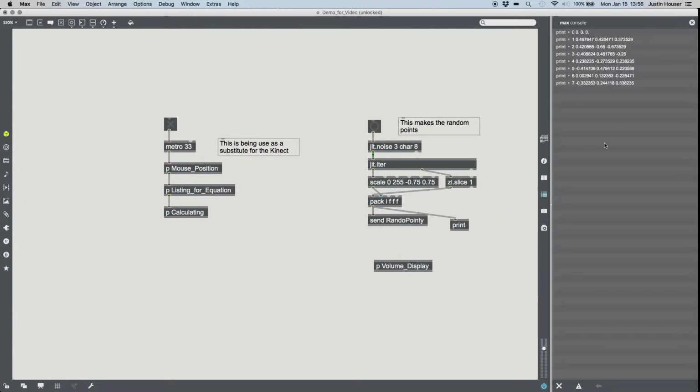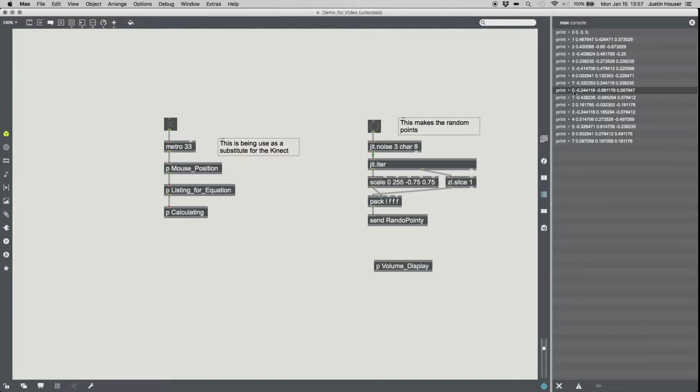So here you can see that point 0 is given these coordinates, point 1 is given these coordinates, point 2 these, etc., going down through the list. Now I'm going to tag it once or twice more so that we can actually get a 0 that's not a 0, 0, 0 point. So there's our random points being generated.